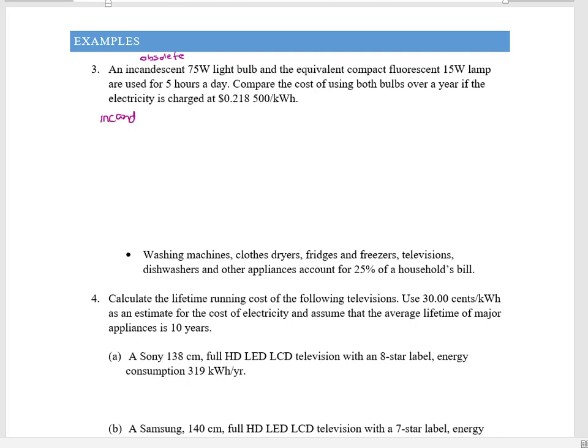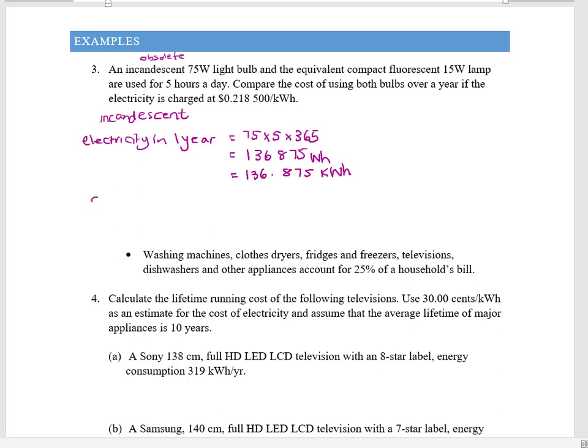So for the incandescent, the electricity used in 1 year is 75 times 5 times 365, which is 136,875 watt hours. And I'm going to divide that by 1,000 to make it into kilowatt hours. So I get 136.875 kilowatt hours.